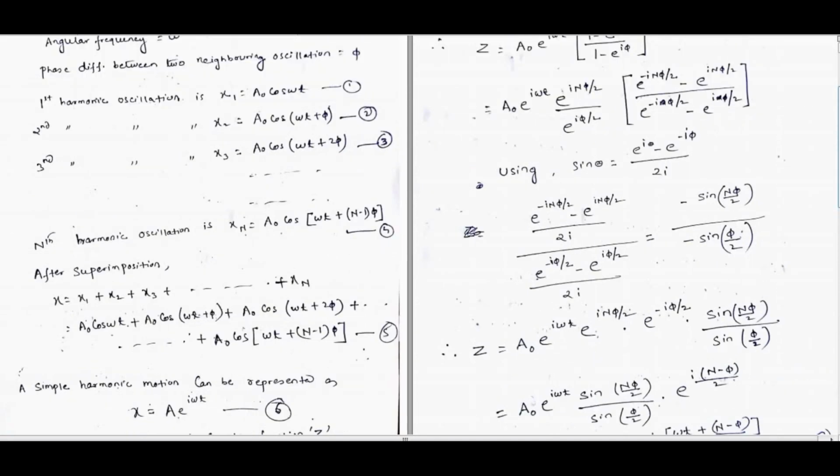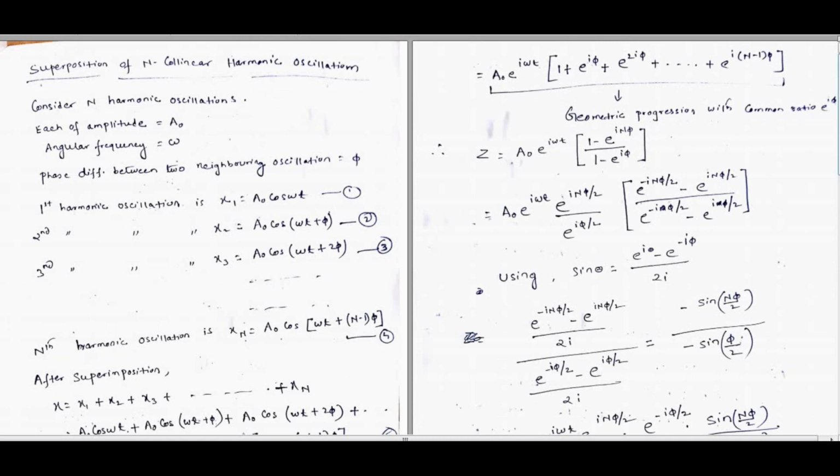You can see this entire series is a geometric progression, and a geometric progression has a common ratio, and the common ratio of this entire sum is e to the power i phi.